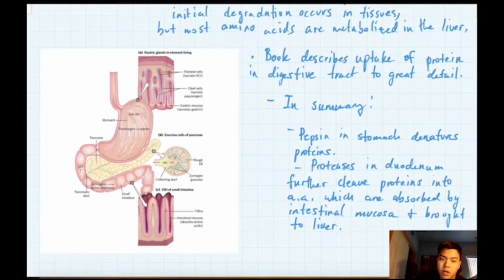So in summary, pepsin in our stomach, pepsin combined with an acidic environment is going to denature the protein that we ingest, and then it's going to eventually travel to our small intestine or duodenum, and it's going to further cleave these proteins into individual amino acids. Once this happens, our small intestine is able to uptake these amino acids into the bloodstream, taking it to our liver.